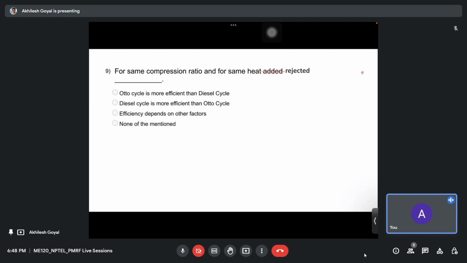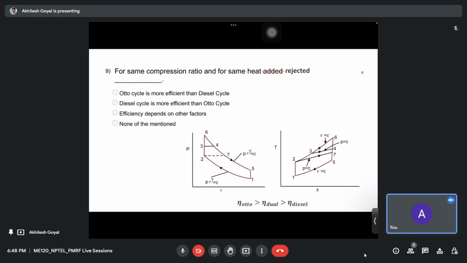So we talked about it in detail, and here we can see that for the same compression ratio, the efficiency of the Otto cycle is 1 minus 1 by r_k raised to the power gamma minus 1, and for diesel it is 1 minus 1 upon r raised to the power gamma minus 1, times (r_c^gamma minus 1) by (gamma (r_c minus 1)).